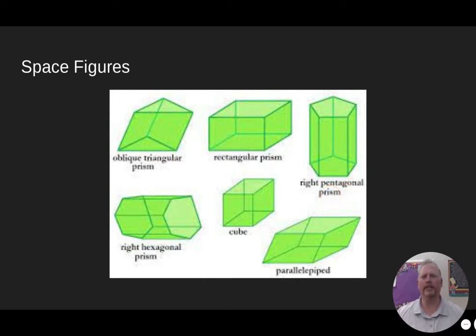Just real quick, a prism is basically a shape that has two parallel bases, a top and a bottom, that are the exact same shape, and then the sides just connect those two bases. So this box right here is a rectangular prism. This cube, you could call it a square prism, okay? But we'll talk more about that later.